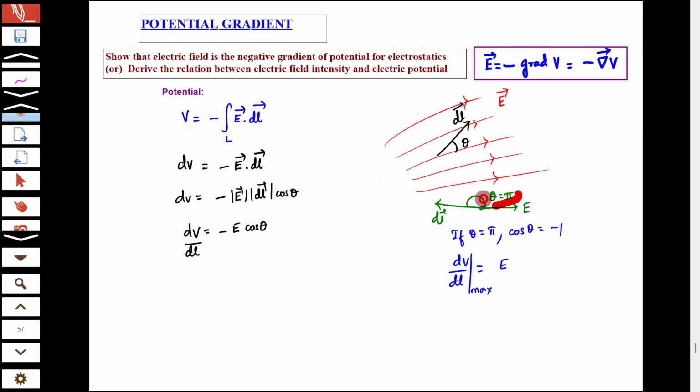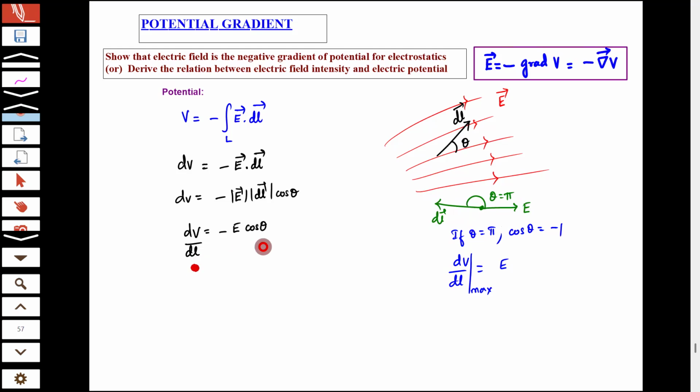Meaning if theta equals pi, cos pi is minus 1. In that case, E and dl are at 180 degrees, meaning both are opposite in direction. If E is increasing in this particular direction, then dl is opposite to that. We will learn the significance of this opposite direction and the direction of E with respect to dV. We will discuss that shortly.